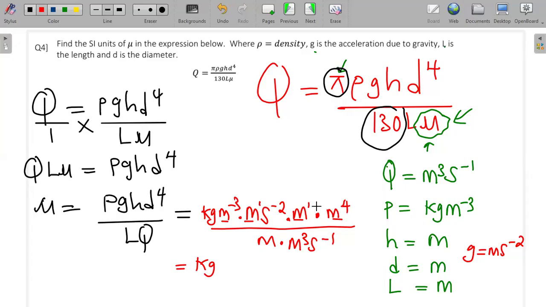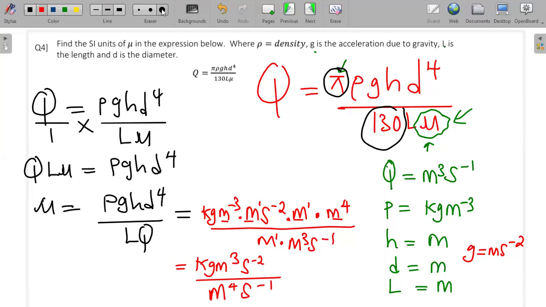Or we can say 4 plus 1 plus 1 is 6, and then 6 plus minus 3, so I'll get m to the power positive 3. And then the s still remains s^-2. And then I'm dividing this by m^3 s^-1. Now this m is to the power 1, this one is to the power 3, so that is m^4. And then I have s^1.